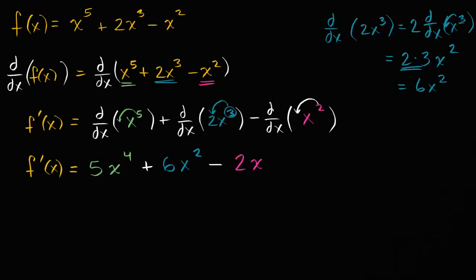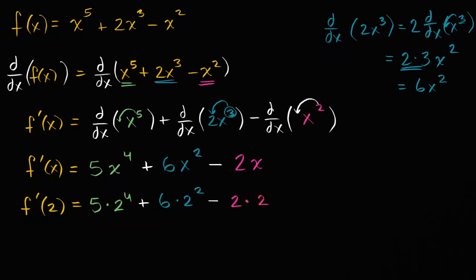So if I were to now say f prime of 2, this would tell me what is the slope of the tangent line of our function when x is equal to 2. And I do that by using this expression. So this is going to be 5 times 2 to the 4th plus 6 times 2 squared minus 2 times 2.